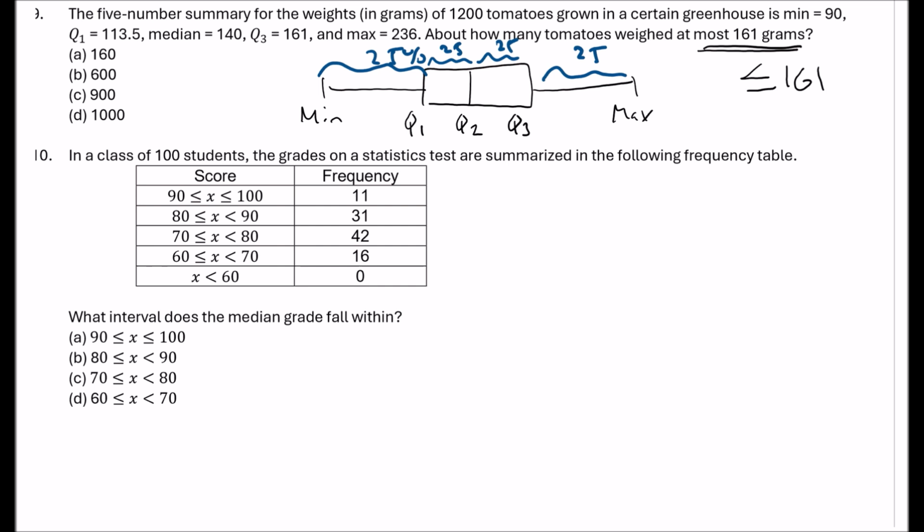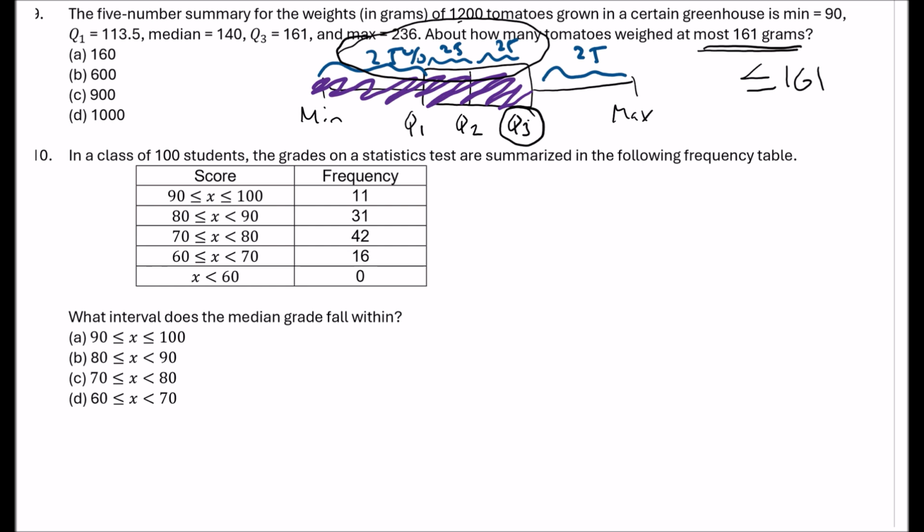They said that 161 is the third quartile. So we want it to be equal to that, but we also want it to be less than that, right? So we want all of this. Well, then that means it's going to represent 75% of the data, right? So we have to do 75% of the total.